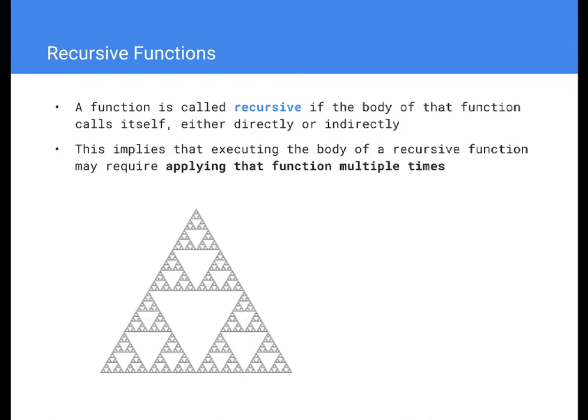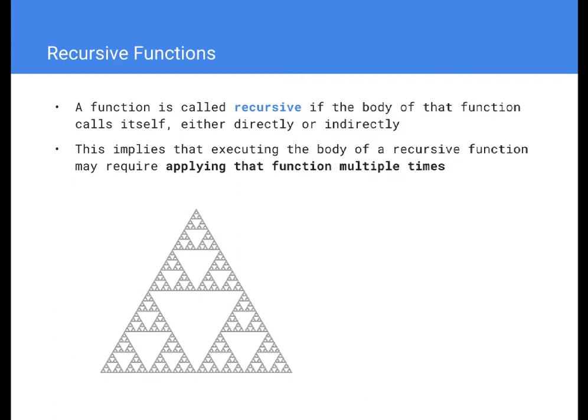So here are two examples of recursive structures. One is the Sierpinski triangle. What you can see here is I have a triangle, and what my algorithm says is, let me pull out the center of that triangle, and then for each of these sub-triangles, let me repeat that process of pulling out the middle. And I can repeat that process infinitely.